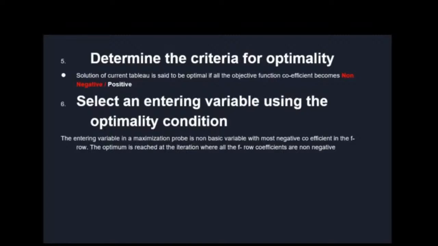Now the sixth step, select an entering variable using the optimal condition. The entering variable in the maximization problem is the non-basic variable with the most negative coefficient in the F row. The optimum is reached at the iteration where all the F row coefficients are non-negative.